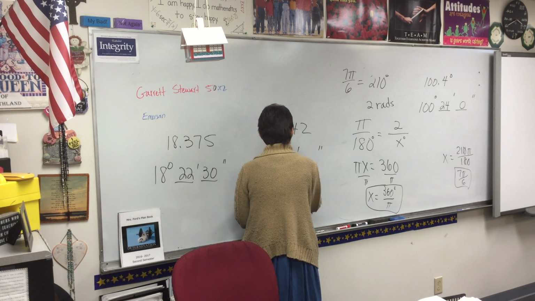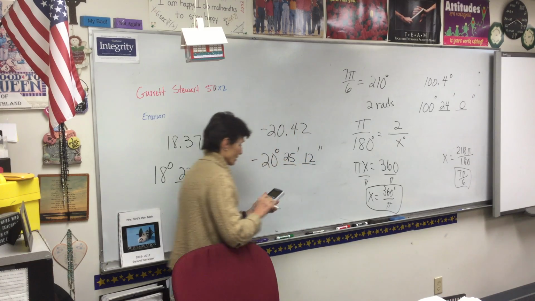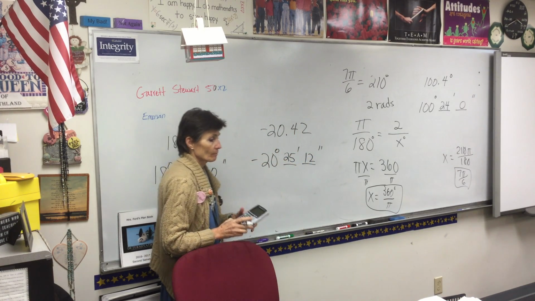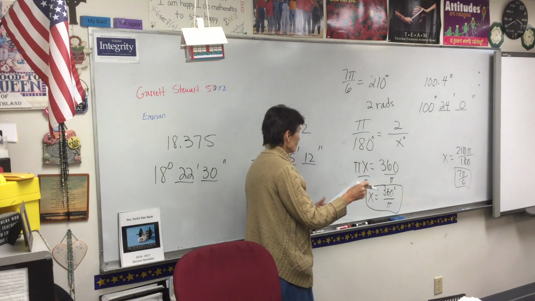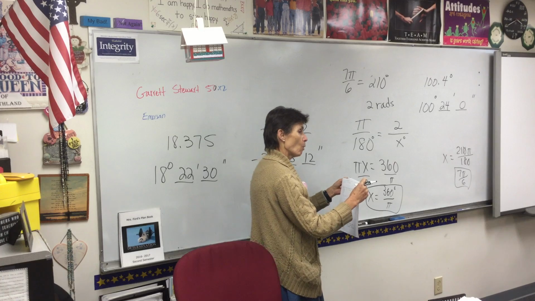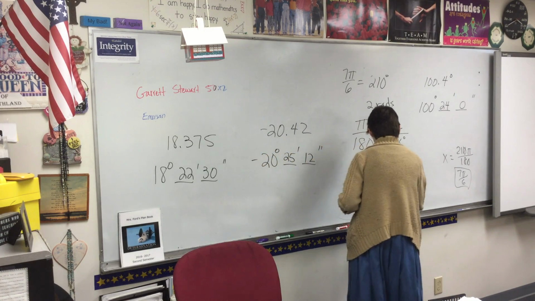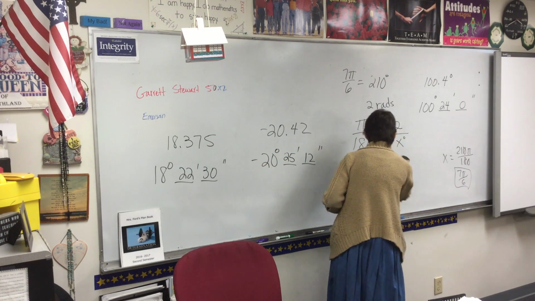Did you get 2512? Yep. Yeah, that's not bad at all. So far, so good. Now, let's look at number 4. Because number 4 is asking you to go backwards.